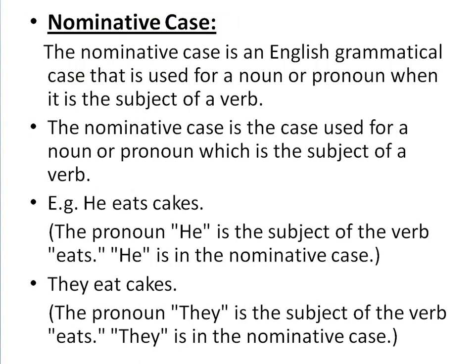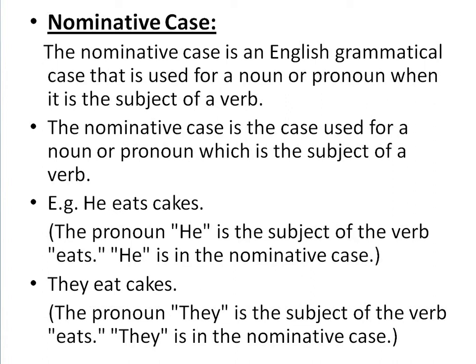Nominative case. So in English grammar, or we can say in syntax, we have the concept of case. Here I am going to teach you the very basic concepts related to case. We have different types of cases. The first one is the nominative case.